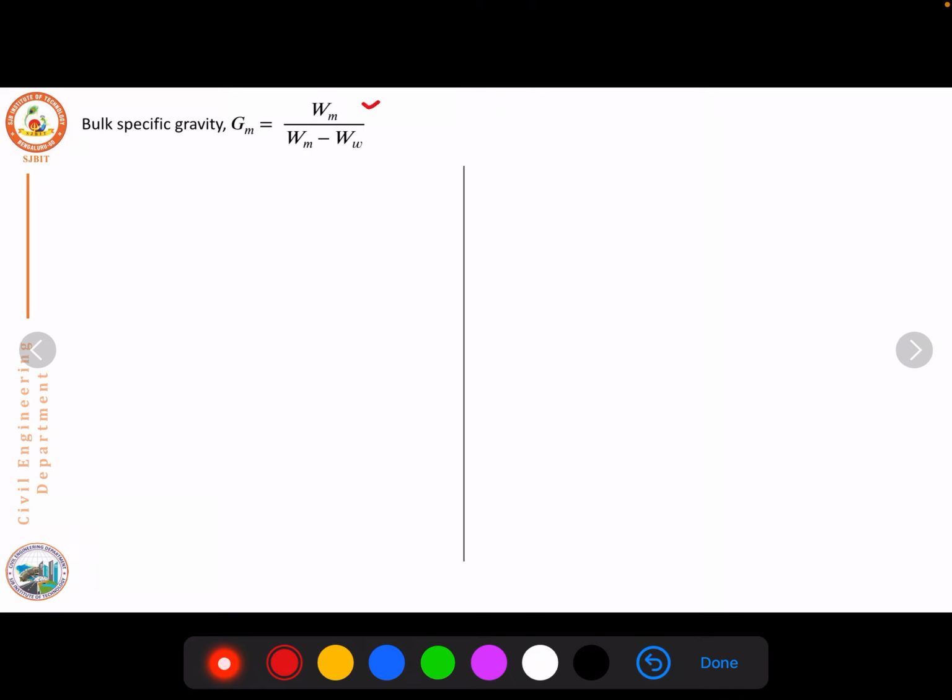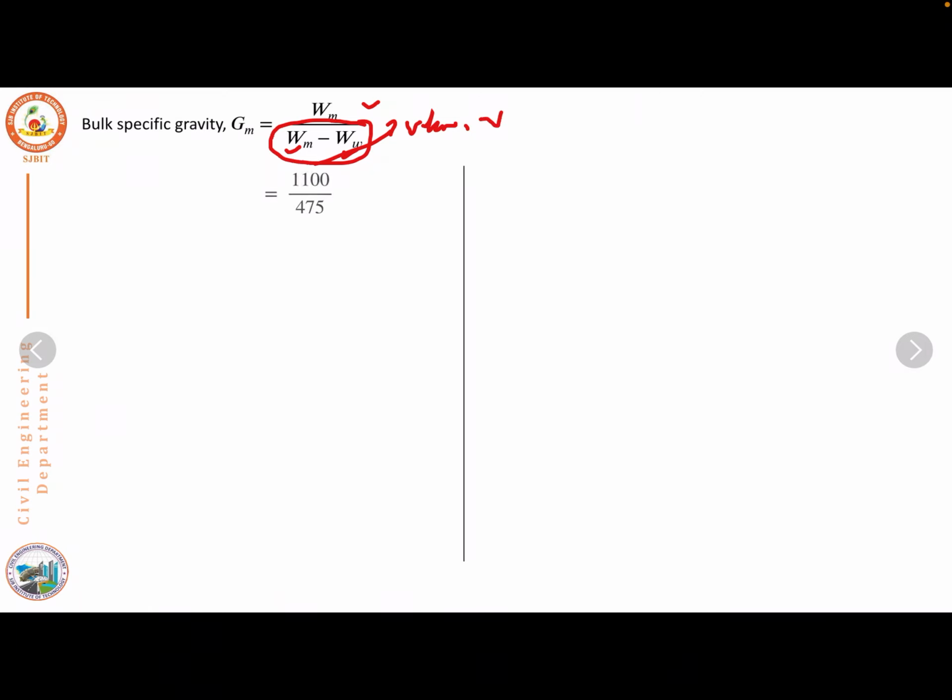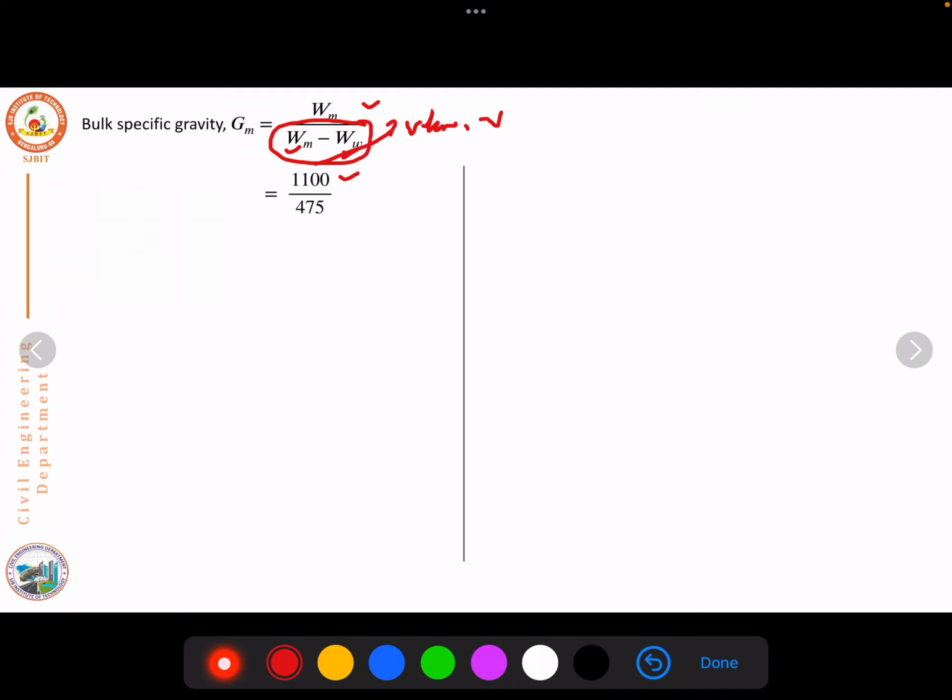The ratio of Wm, that is the weight of the mix in air, divided by the difference between the weight in air minus the weight in water, which is nothing but the volume. In the data they have given the weight of the sample as 1100 and volume as 475. Substitute and we can estimate the bulk specific gravity of the specimen, and we have found it as 2.316.